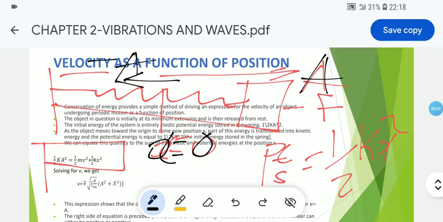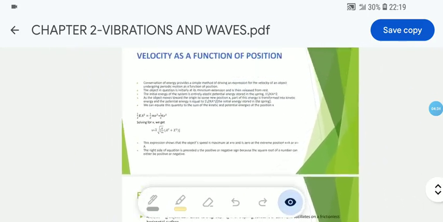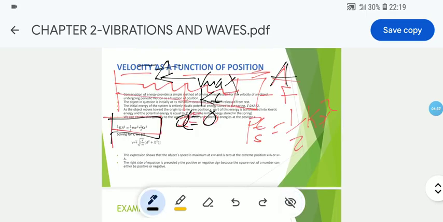kinetic energy. That's where you have V max, the maximum velocity, and since you have the maximum velocity, you also have the maximum kinetic energy, because kinetic energy depends on the velocity that an object has. So this is the formula for the total mechanical energy.